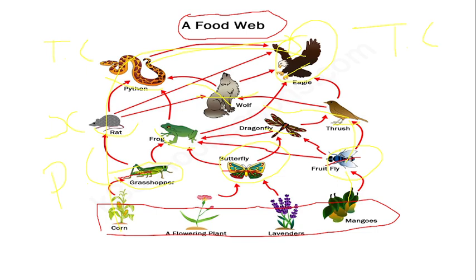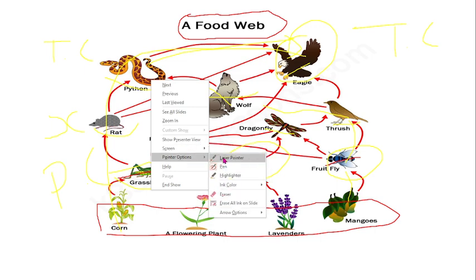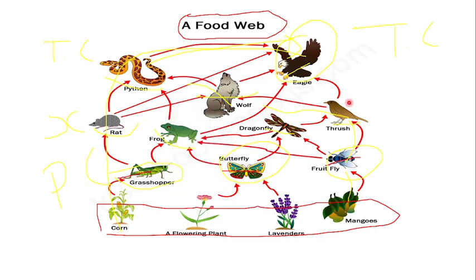Now when you connect all of them, you are going to have everything. When you connect all of them, you're going to have what you call a food web.